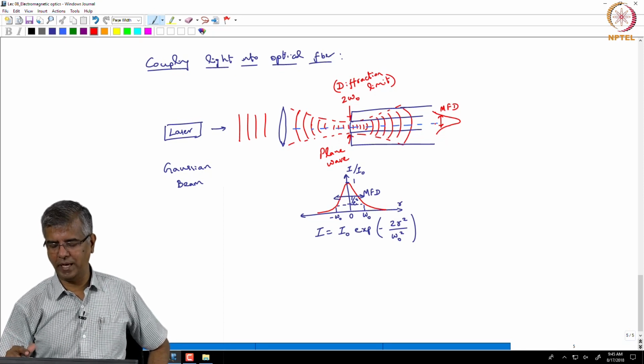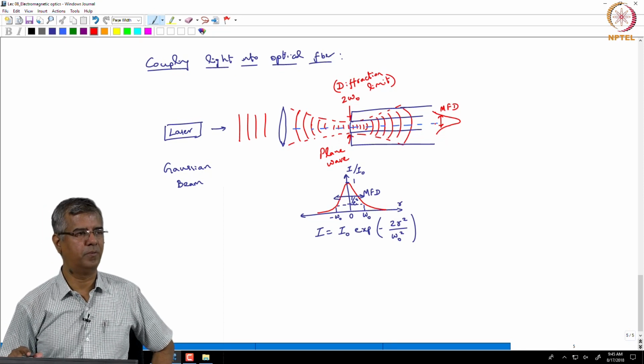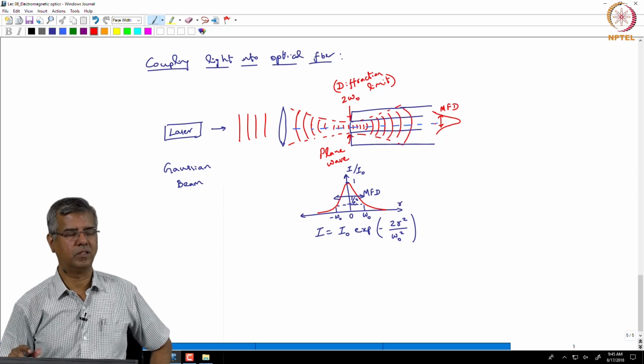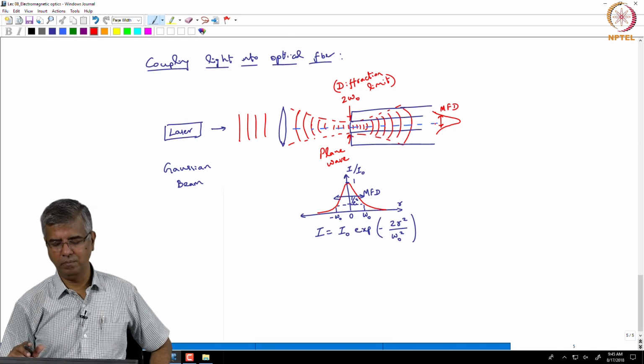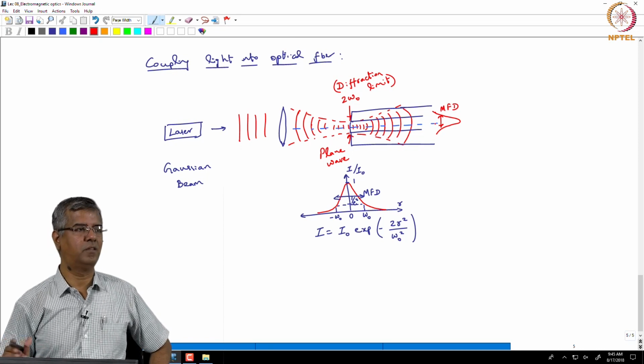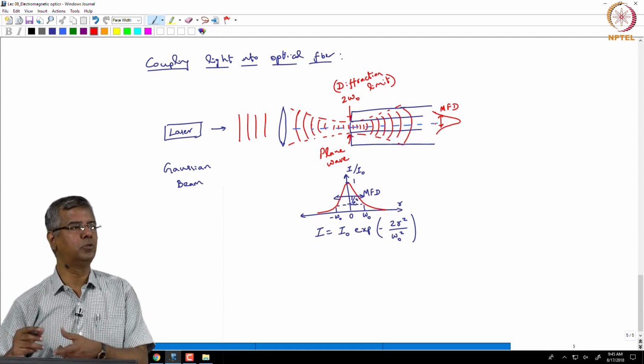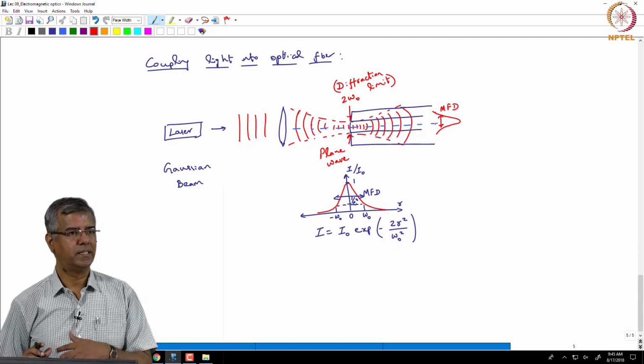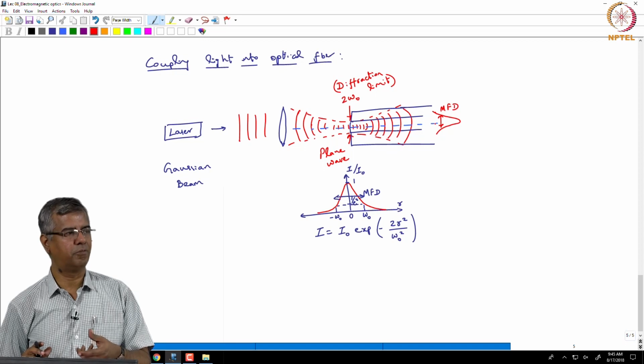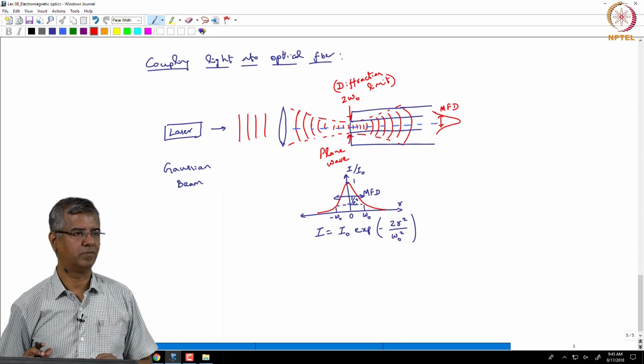That mode field diameter and the mode field diameter of my incoming beam, or the spot size at the focus of the incoming beam, has to be consistent for maximum coupling. So it is basically the overlap of these two fields that determines the coupling efficiency that I achieve.